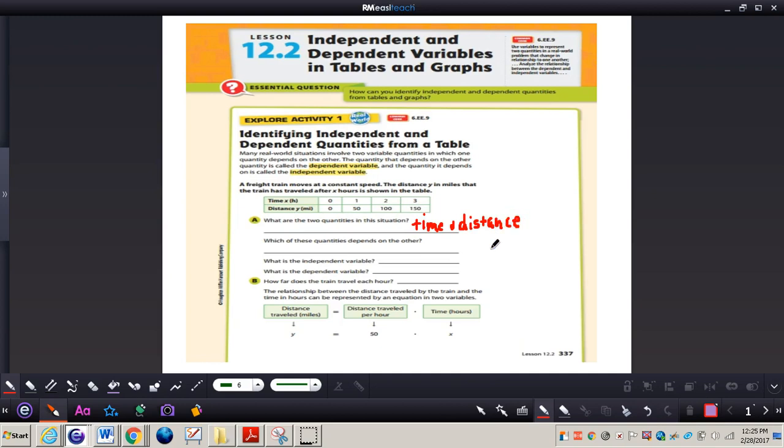Now let's take a look at which of these quantities depends on the other. So we can see time and distance. Those are our two quantities. We need to figure out, does time depend upon distance or does distance depend upon time? And looking back, we know that a freight train moves at a constant speed, and the distance in miles that the train has traveled after x hours is shown on the table. So we know that distance depends upon the time.